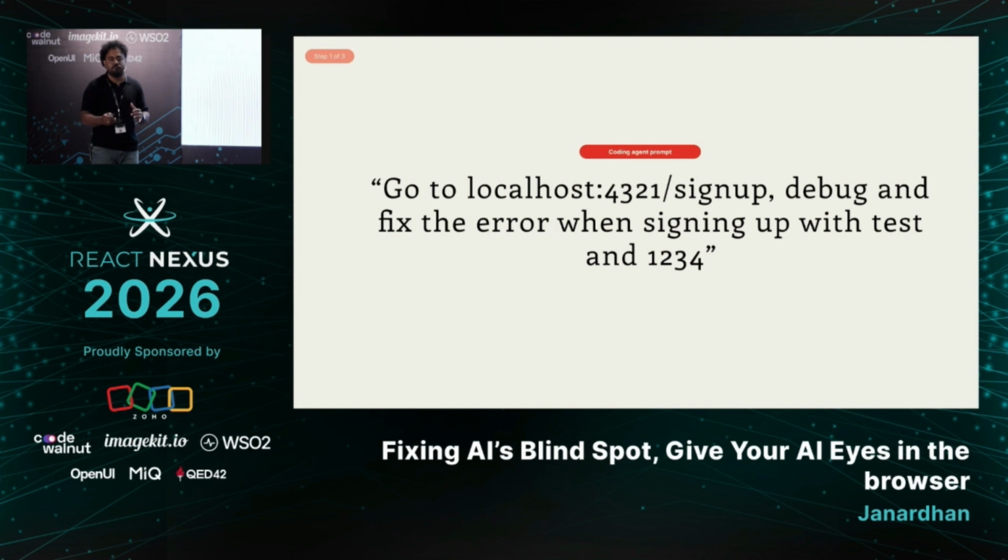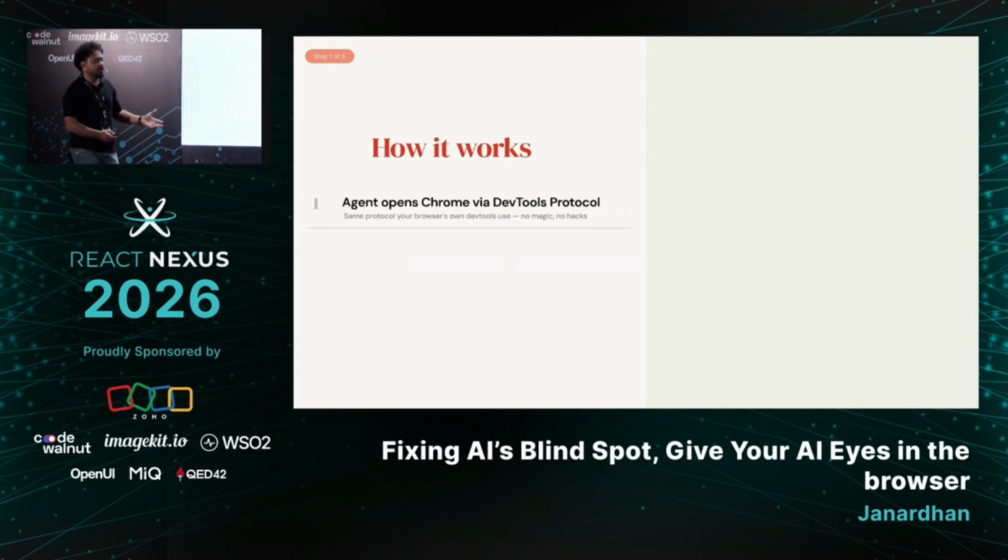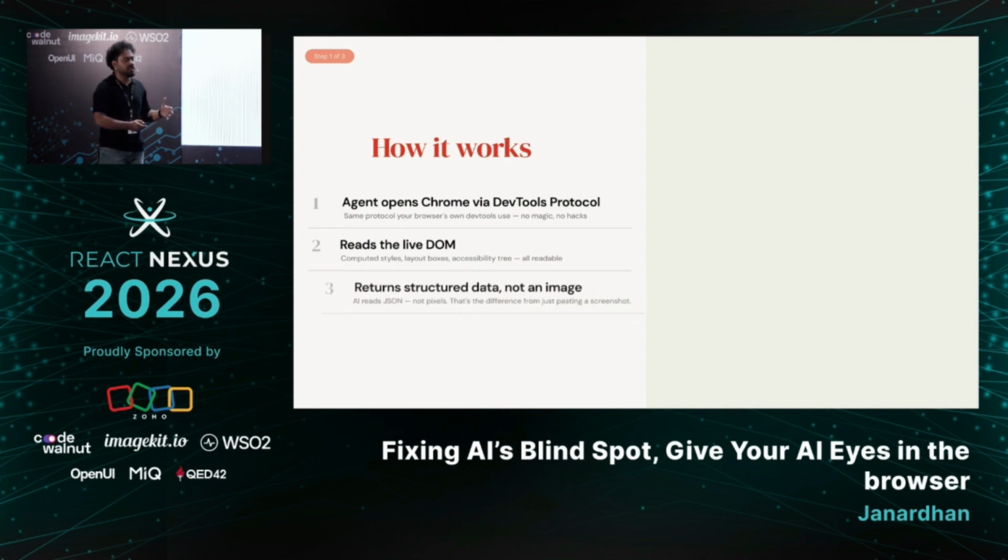And now the way we prompt will change. We'll not ask to go and fix this error. We'll ask the agent to go to this URL, this page particularly, debug this error, with this username and password. Then it will open the controlled browser environment, and the agent will read the network calls using the DevTools MCP protocol, and then it will give structured JSON to the AI agents, not just an image.